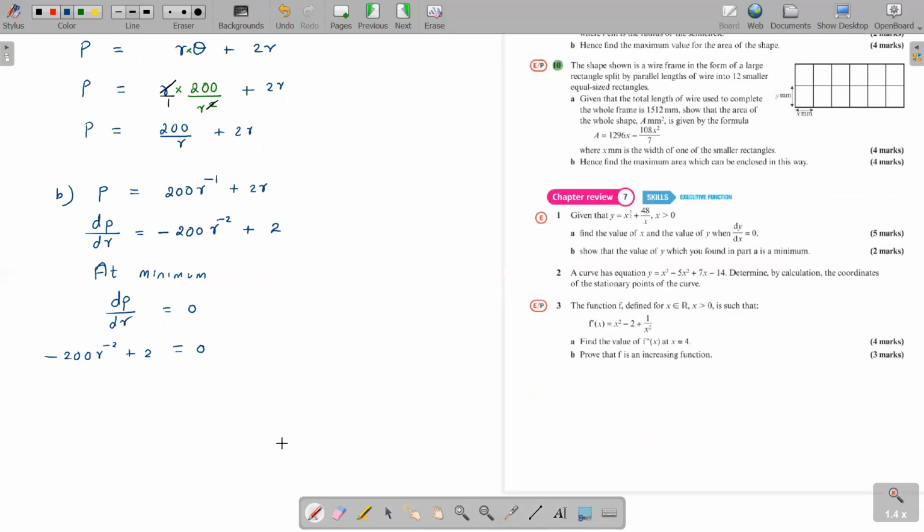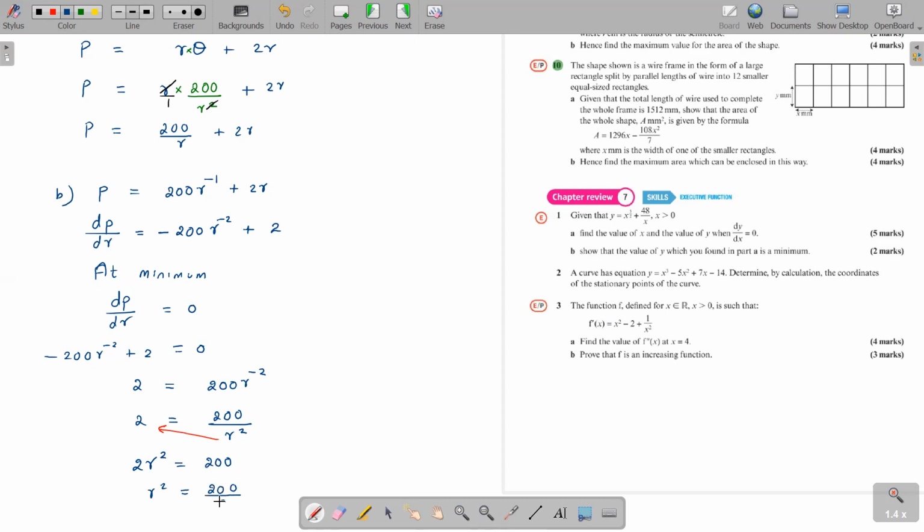So basically minus 200 goes to the other side as plus 200 r to the power minus 2. R to the power minus 2 is a negative power. You can bring it down and make it a positive power. Do you agree? Then it's r to the power plus 2. So bring r square to this side: 2 r square equals 200, which gives me r square equals 200 over 2.